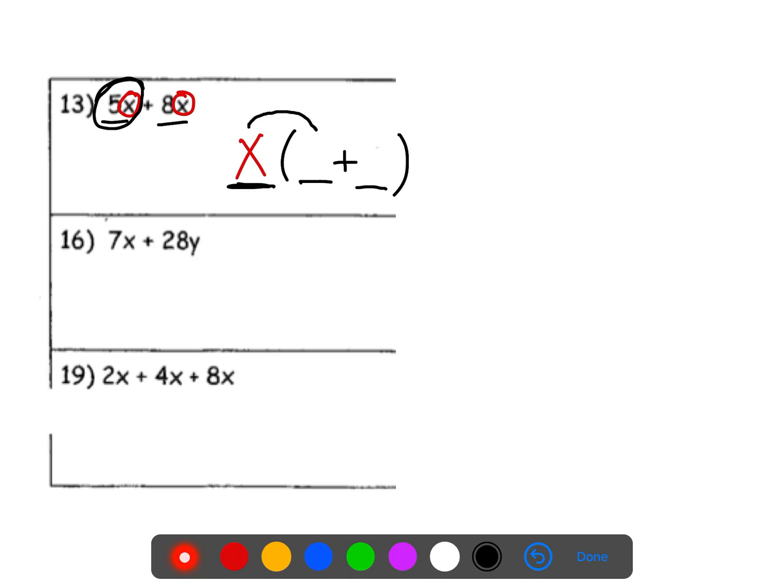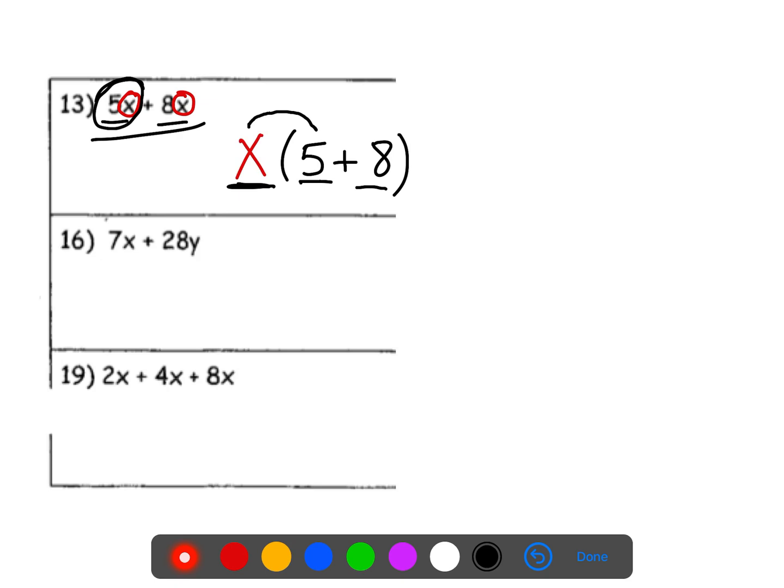Well, that means this factor inside here has to be 5. X times 5 is 5x, our first term. X times 8 will give us 8x, which is our second term. And this would be a factored version of the original expression.